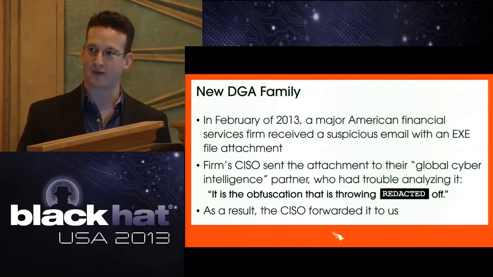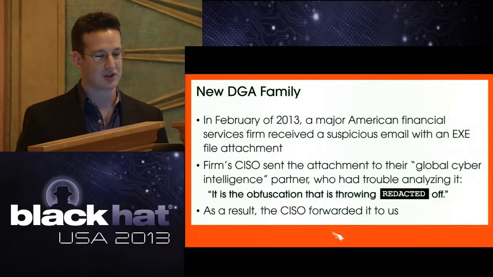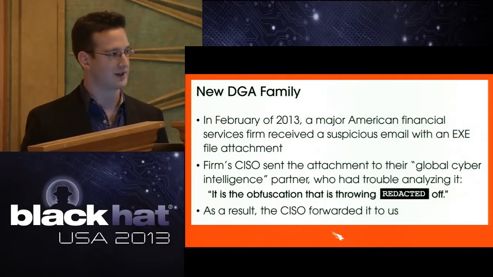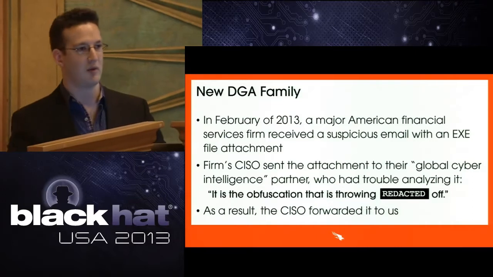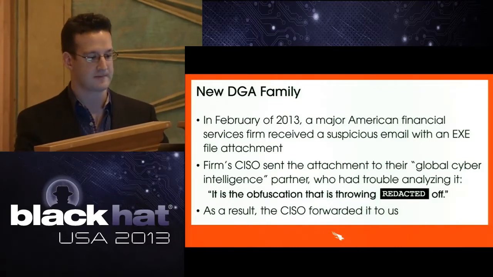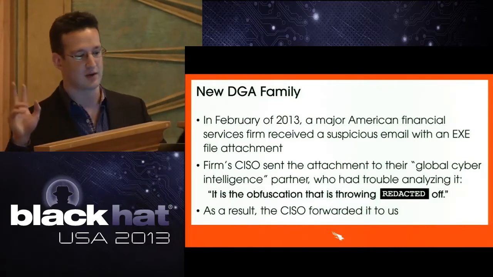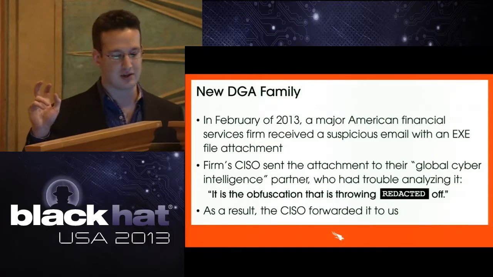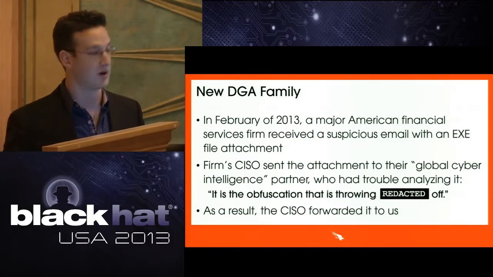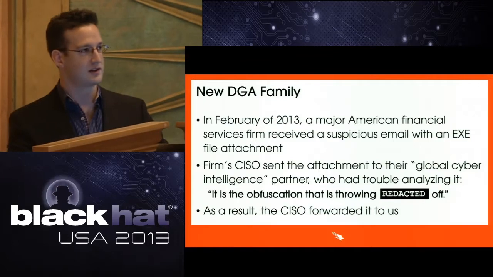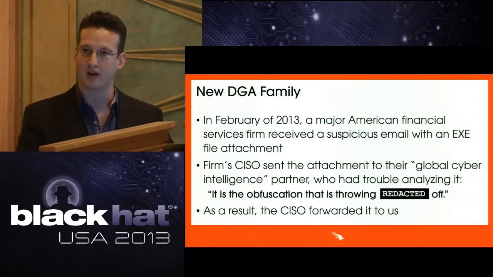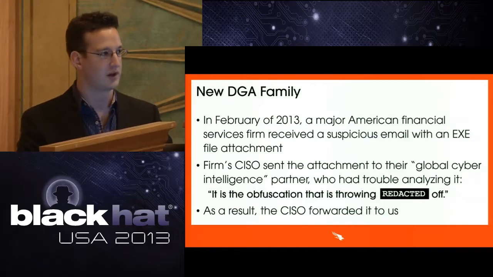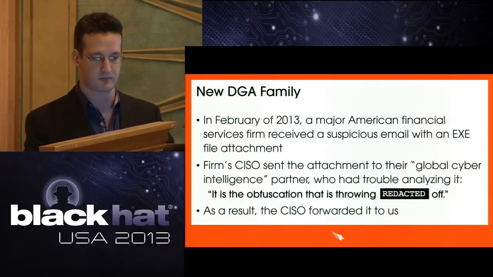And this firm's CISO actually worked with his global cyber intelligence partner, a competitor of ours, and they couldn't figure out what it was doing because it was obfuscated. To quote the CISO, he said, "It is the obfuscation that is throwing our competitor's name off." And because this other company was not able to remove the obfuscation, this CISO forwarded the malware to us.